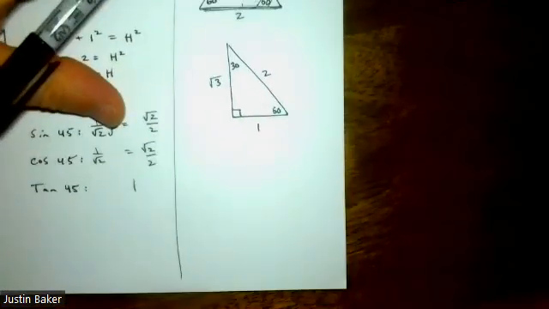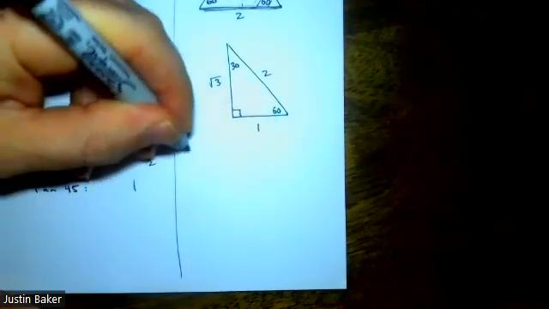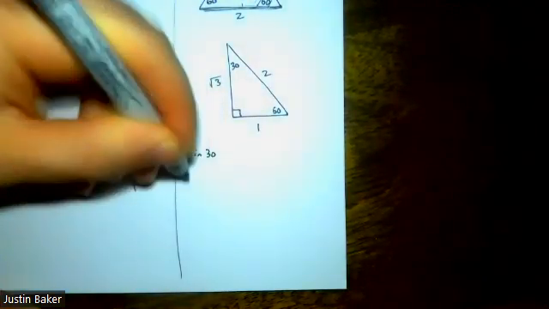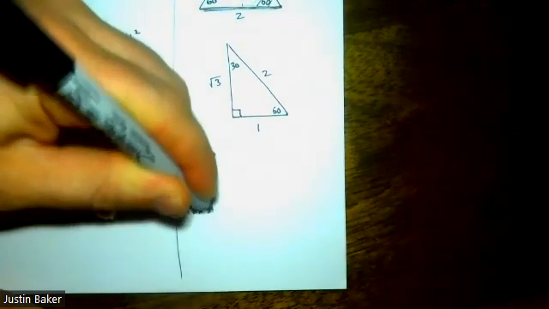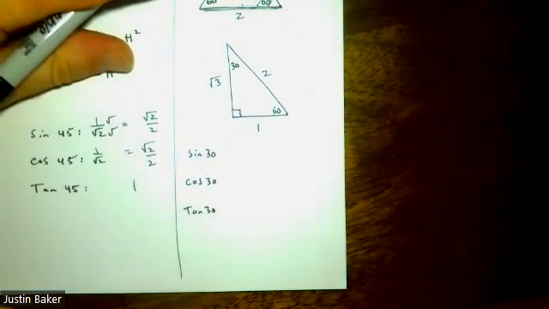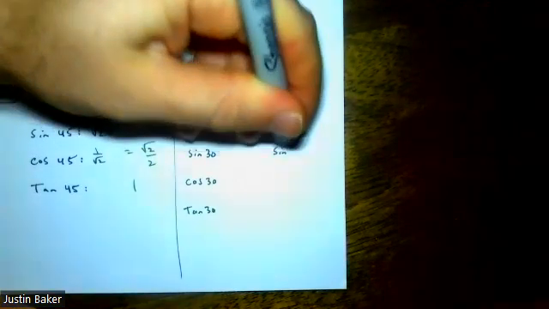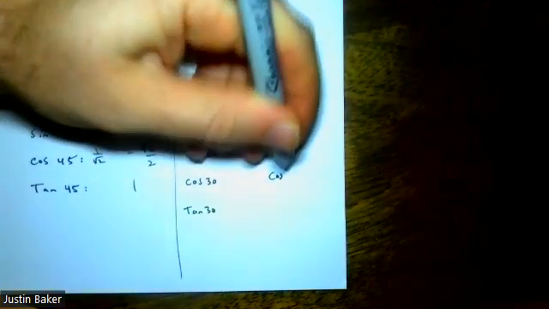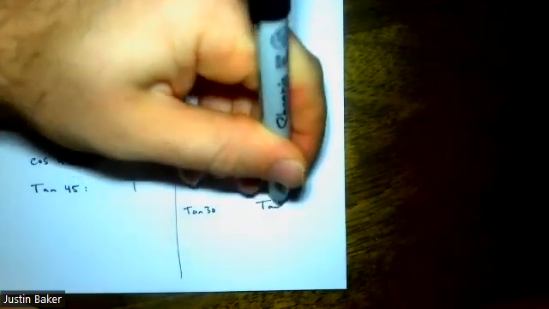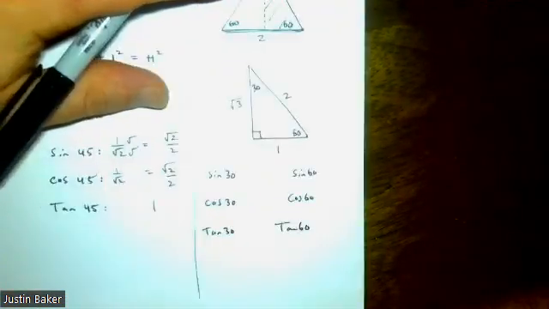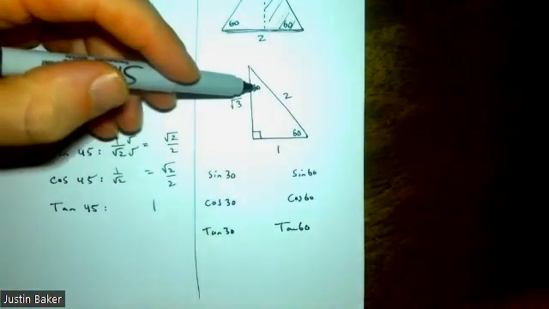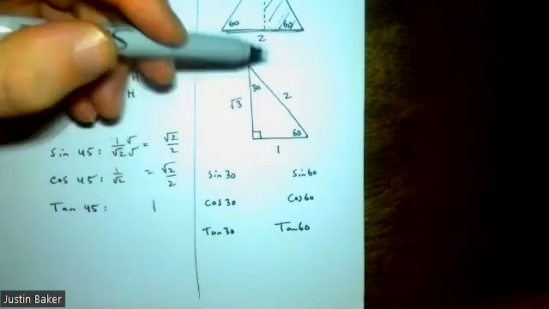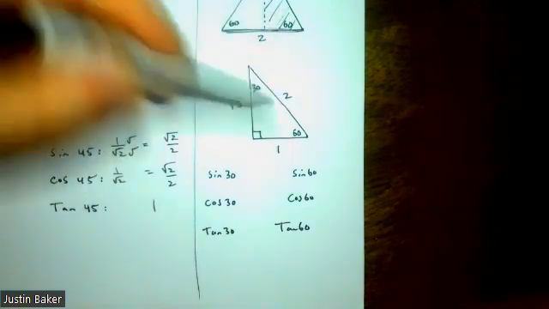All right, now from this triangle, we could find the sine of 30, the cosine of 30, the tangent of 30. We could also find the sine of 60, the cosine of 60, and the tangent of 60. All right, let's go do that. So if we're looking at 30, the sine of 30 is opposite over hypotenuse.